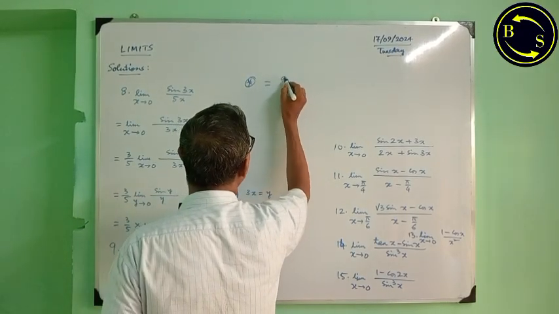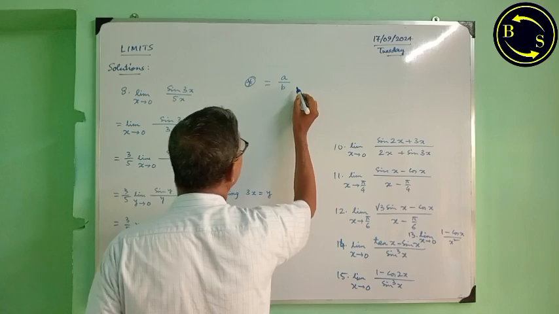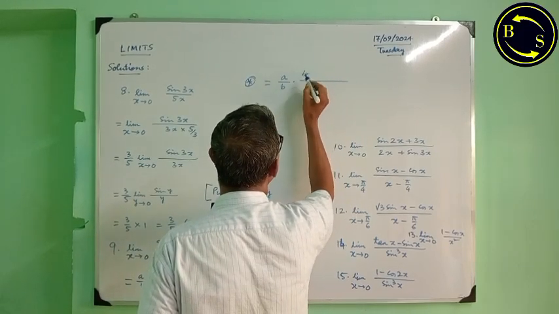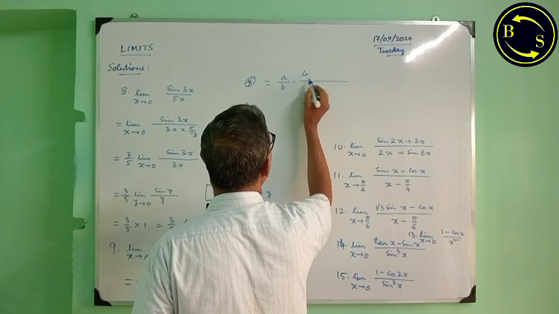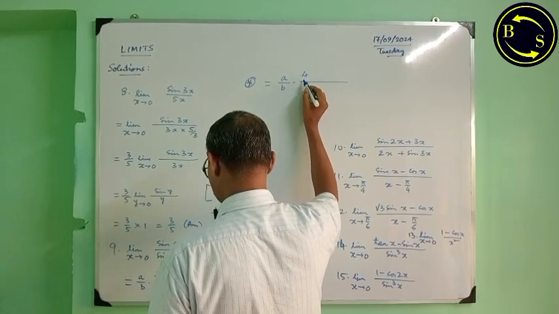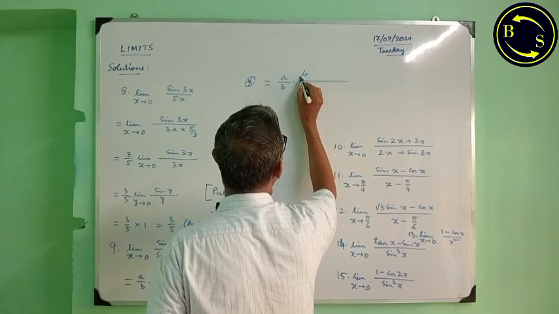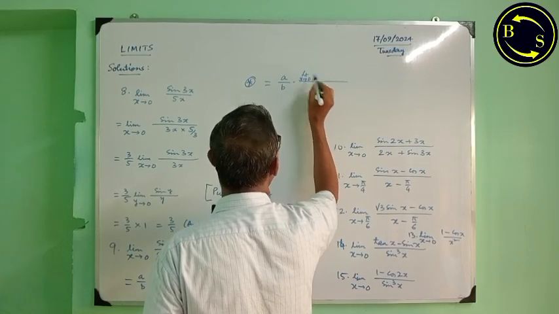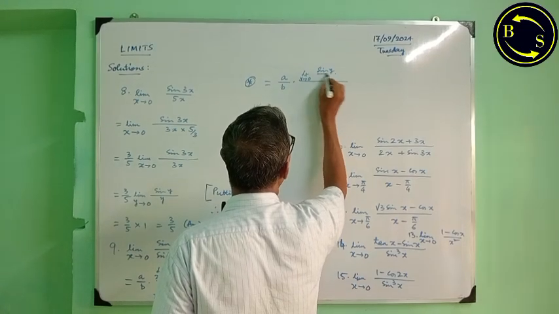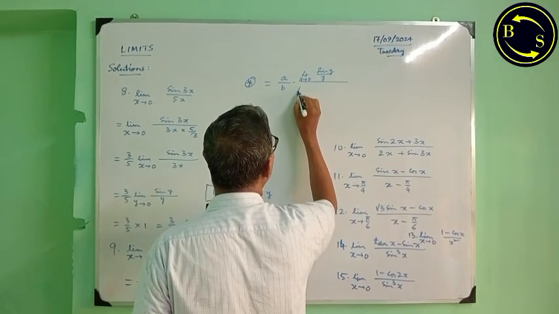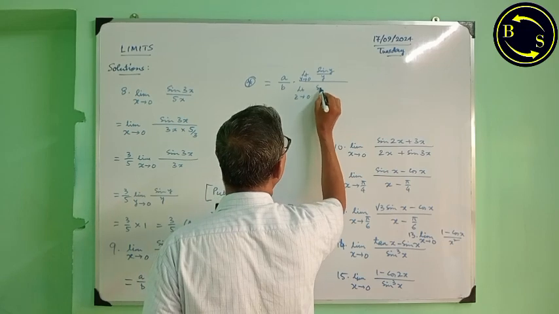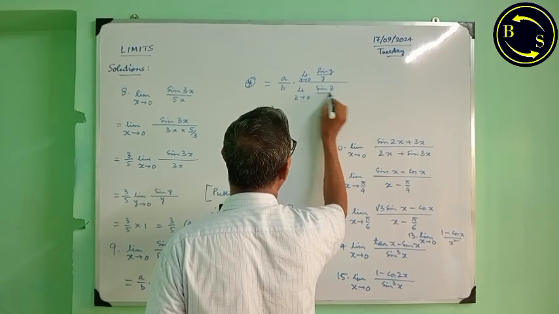That is equal to a by b into limit y tends to 0, sine y by y, limit z tends to 0, sin z by z.